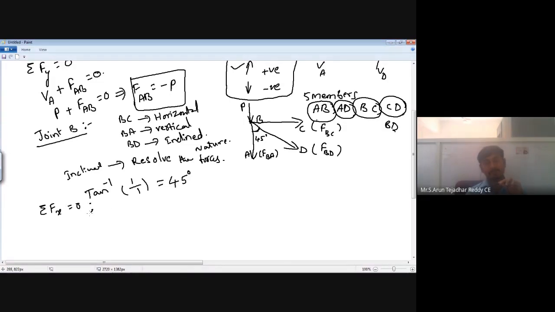An inclined member has two components, one horizontal and one vertical. So that is how we have to resolve the forces. Clearly I will write here.